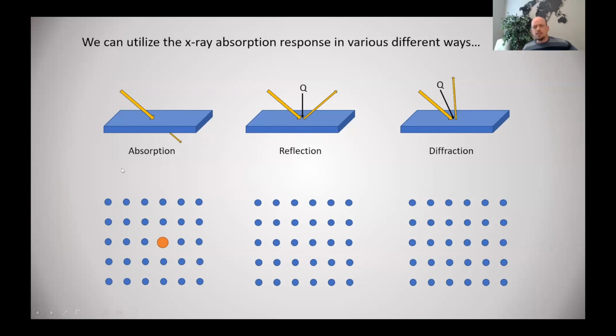We can also study not just the absorption of the X-rays, but different ways that they interact with the material. So in the middle here, I'm saying we can study how X-rays are reflected from our material. So we have an incoming beam of X-rays at some angle with respect to the surface, and then we measure how the X-rays are reflected. And where this becomes particularly useful, and again, we can scan the same resonance energies, and we're still interacting with that absorption resonance.